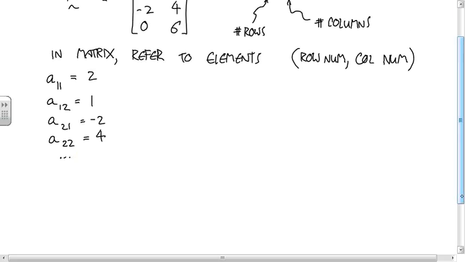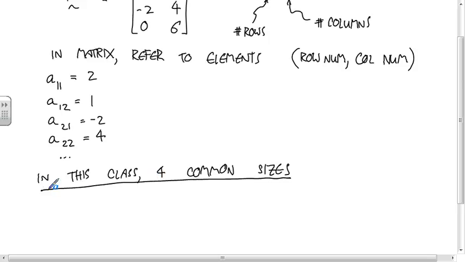In this class, there are going to be 4 main matrix dimensions that we're going to use. So we'll have 4 common sizes. The first one is 3 by 3. And that is the form of the stress tensor. So the stress at any point in a material is going to be given by a 3 by 3 matrix.